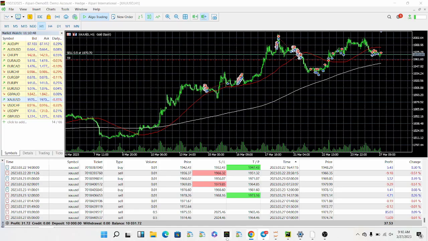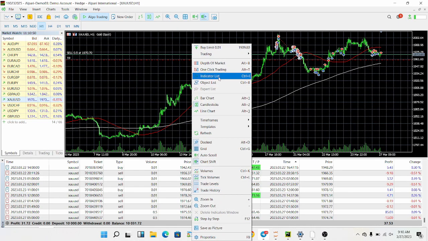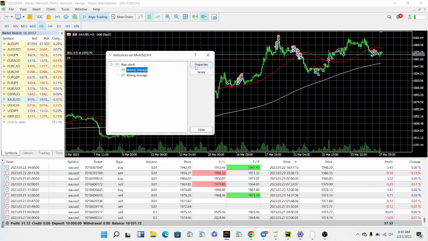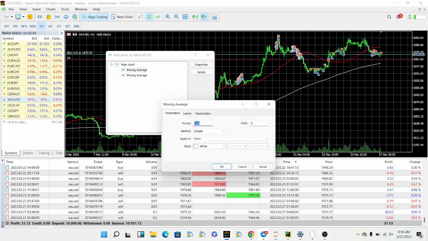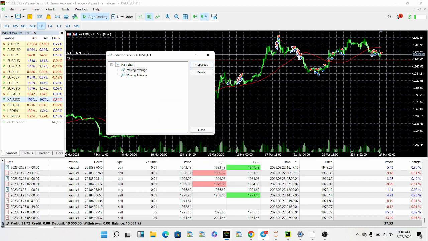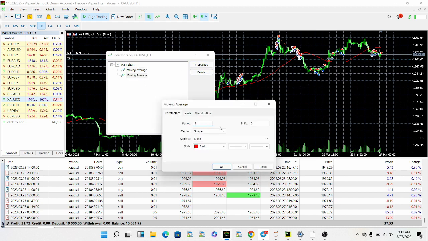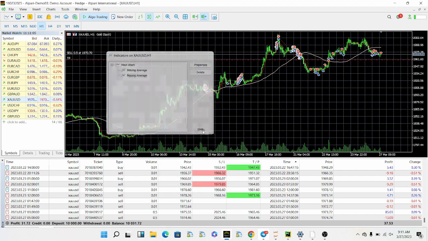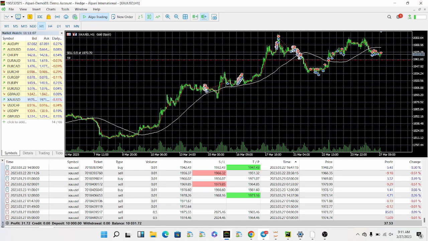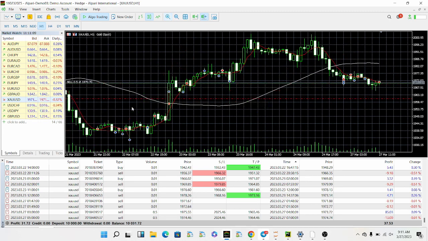Let me just go back here. In the properties, I'm going to make this the 50, and for this one here, in the properties, I'm going to make this 5. Awesome, so I'm just going to zoom in here.